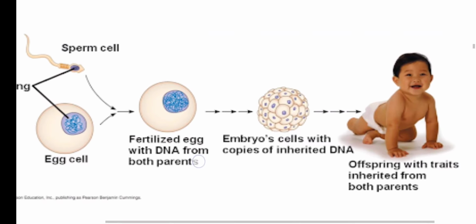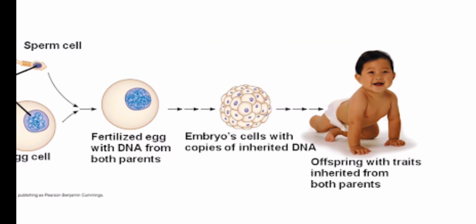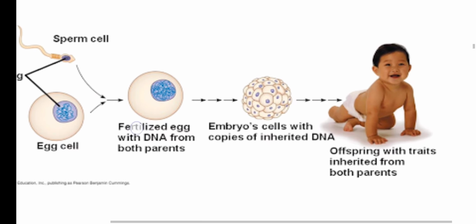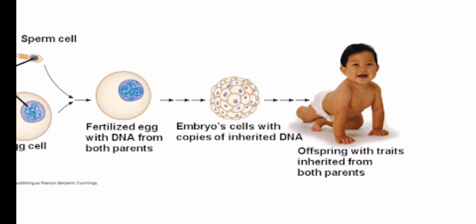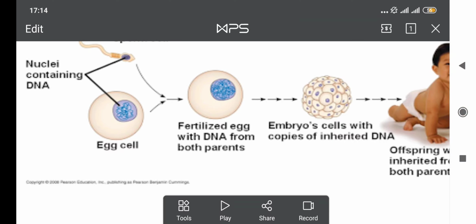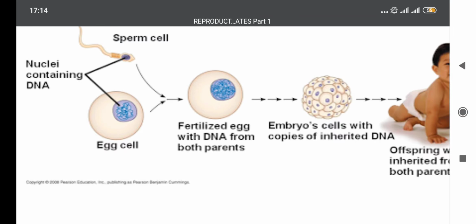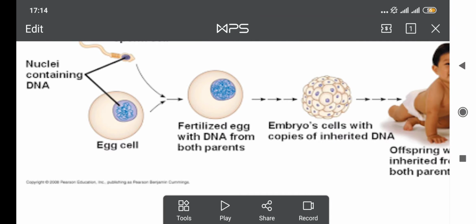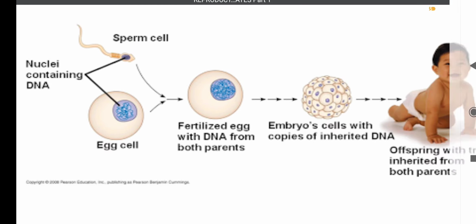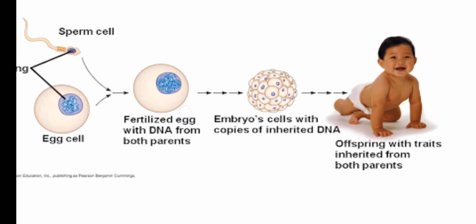Then the zygote forms embryo cells with copies of inherited DNA, in the sense that the zygote takes some inherited characteristics from the sperm. Likewise, it also takes inherited characteristics from the egg too. So both the sperm and the egg contribute to the formation of the zygote.